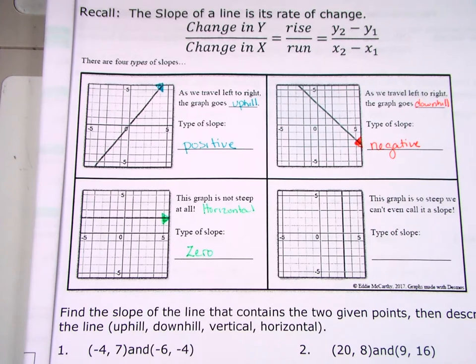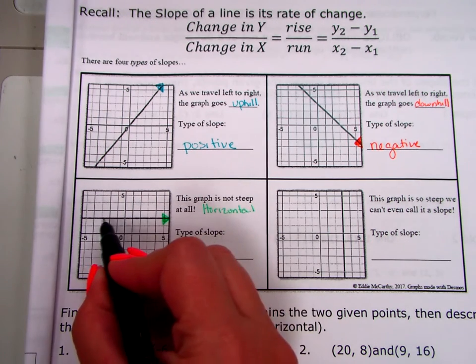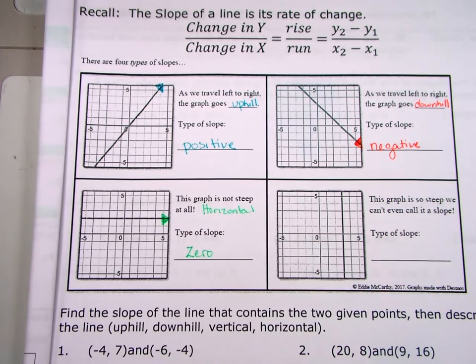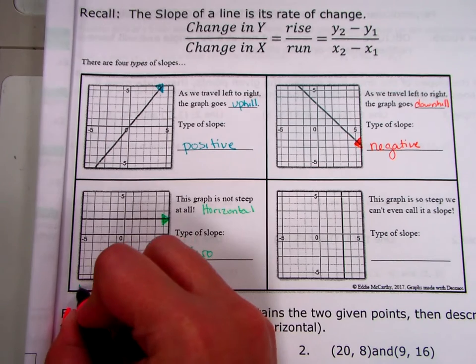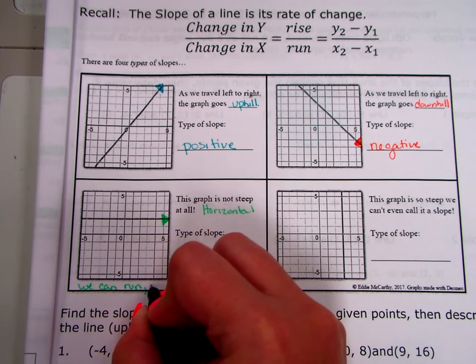There's a difference between not having a slope at all and having a slope of 0. 0 is a real number. The number 0 exists. That's a real slope. Okay? In this case, we can see we are allowed to run. We cannot rise.